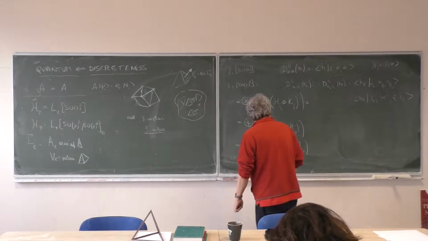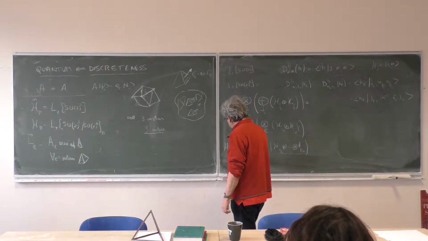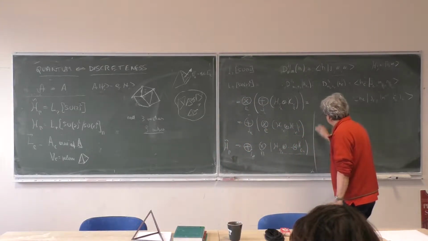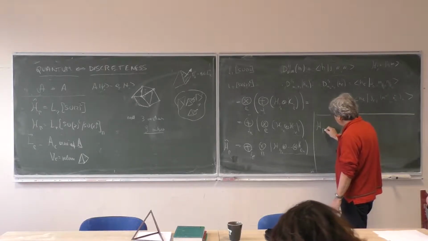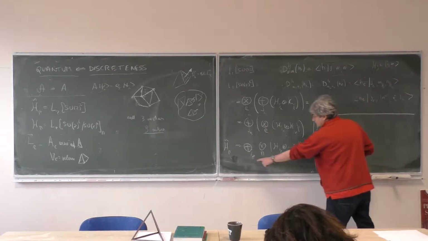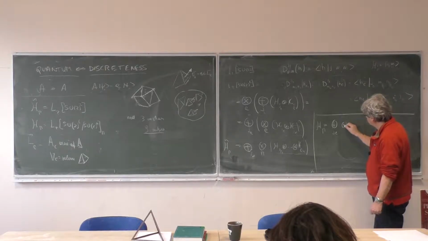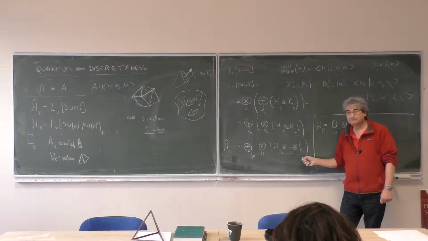So this is H gamma tilde. Immediately I can say that H gamma without a tilde is the sum over J_L, the product over N, not of this, but of the invariant part of this.